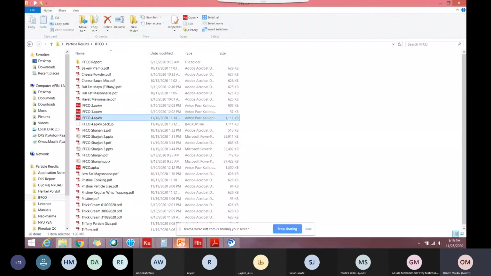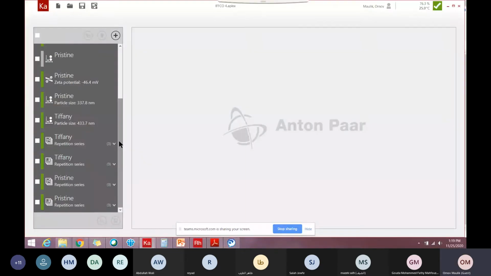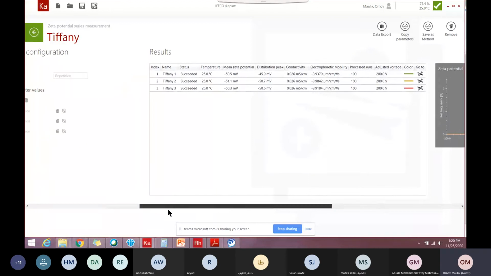This is for food samples, you can say. And what I have done is, this is basically a cream. What you can see over here is the zeta potential value for this.